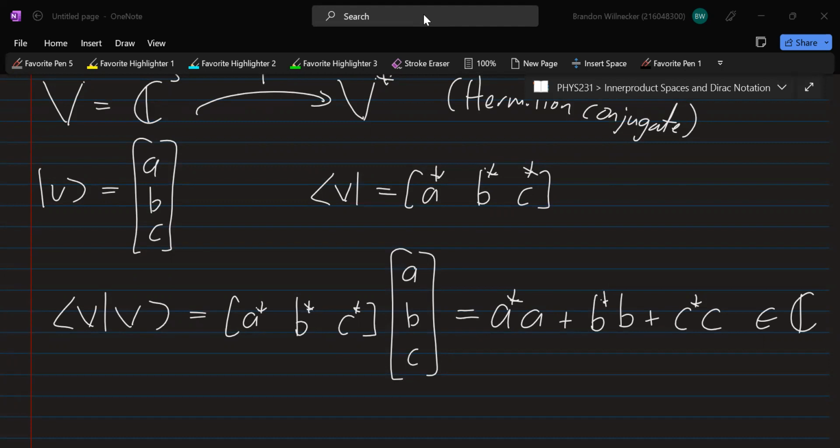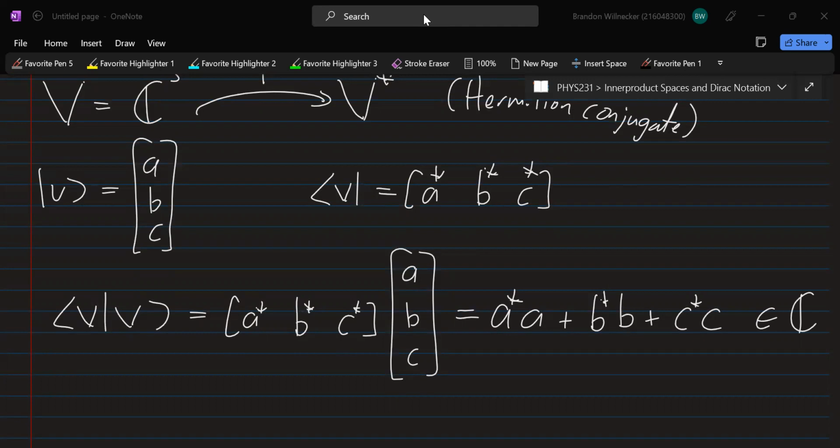But in this case, we get a real number from this, and this is indeed the norm squared of V. Because we have V in a product with itself, that is the norm squared. But in general, it's a complex number.